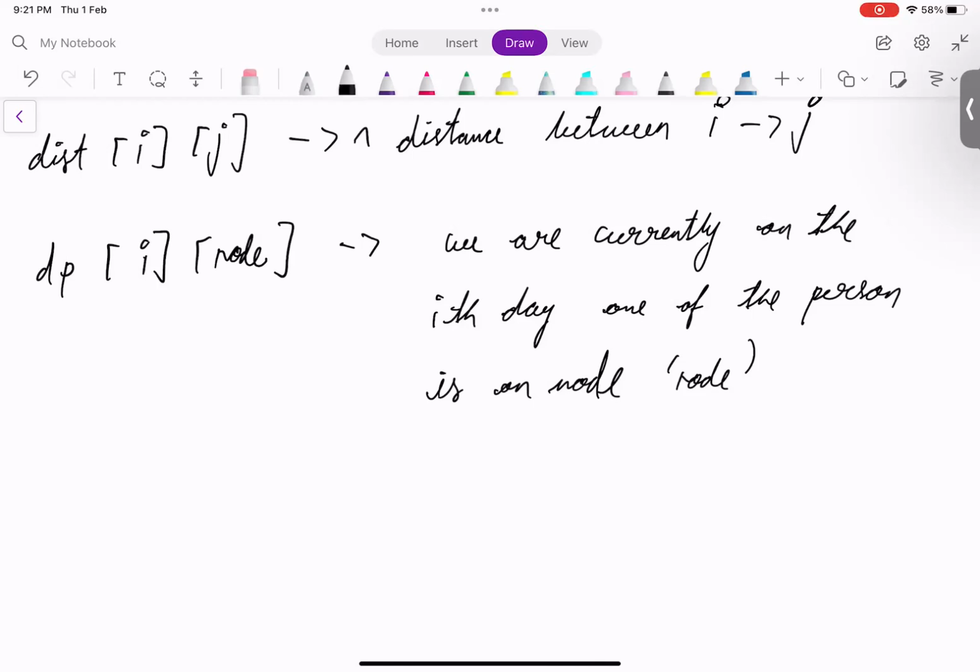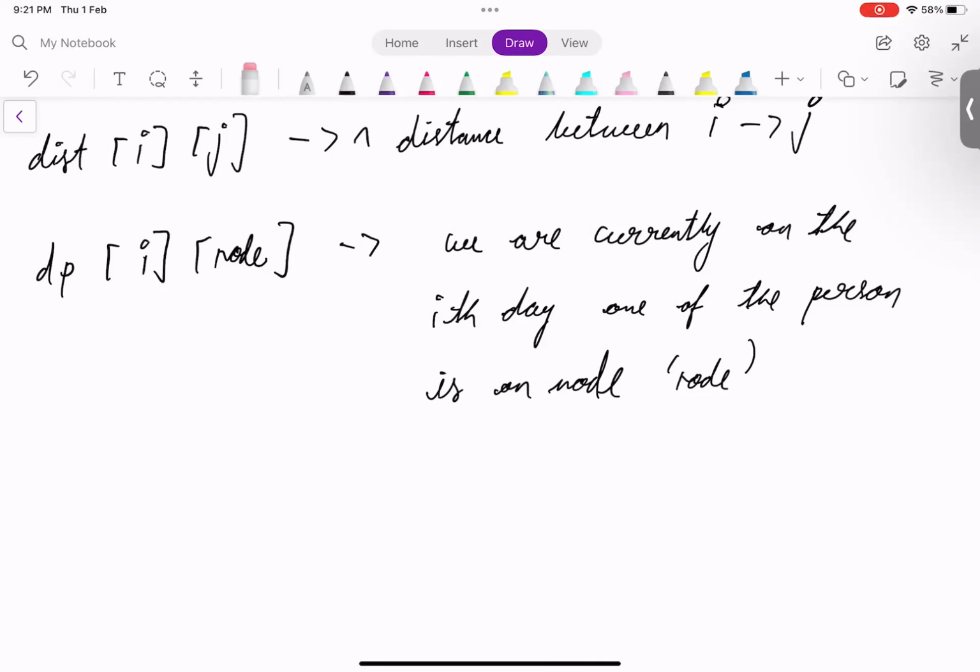So basically we are currently on the ith day, and there are two people. We don't consider which person is on the node, but we assume that among these two people, one is on the node, and we know the other person will definitely be at destination of i minus 1.